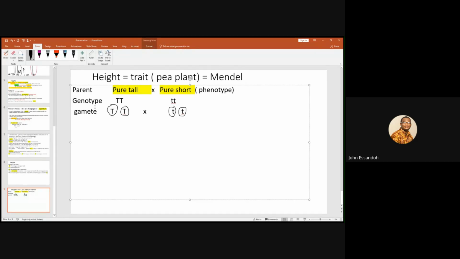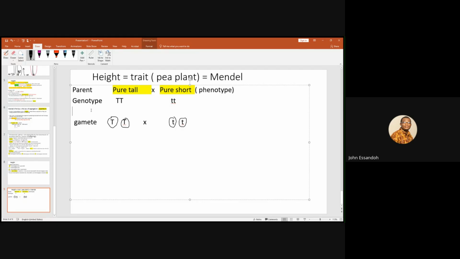All right. So what Mendel was referring to as well. And then what will happen for us to get the gamete? Mendel mentioned the separation. What will happen for us to get the separation of the sperm?